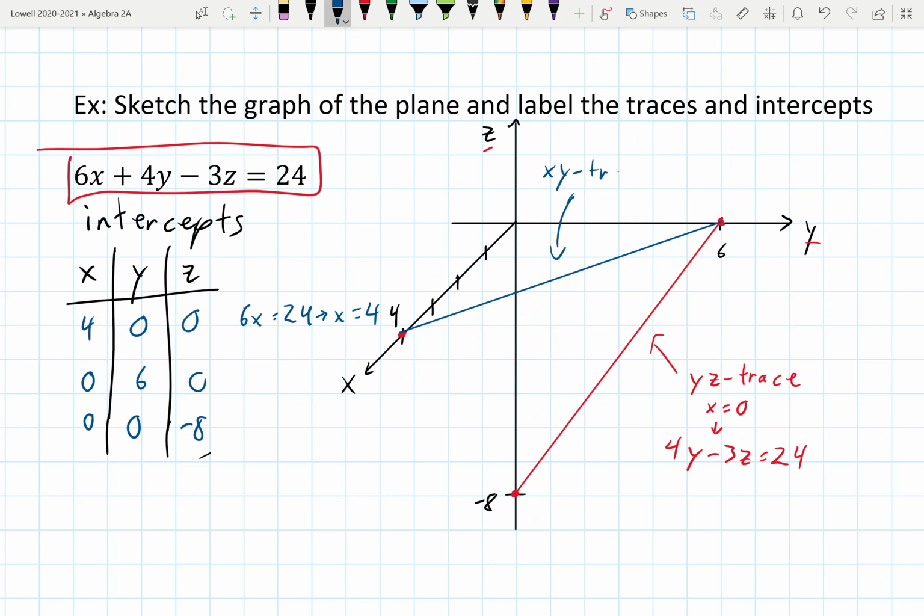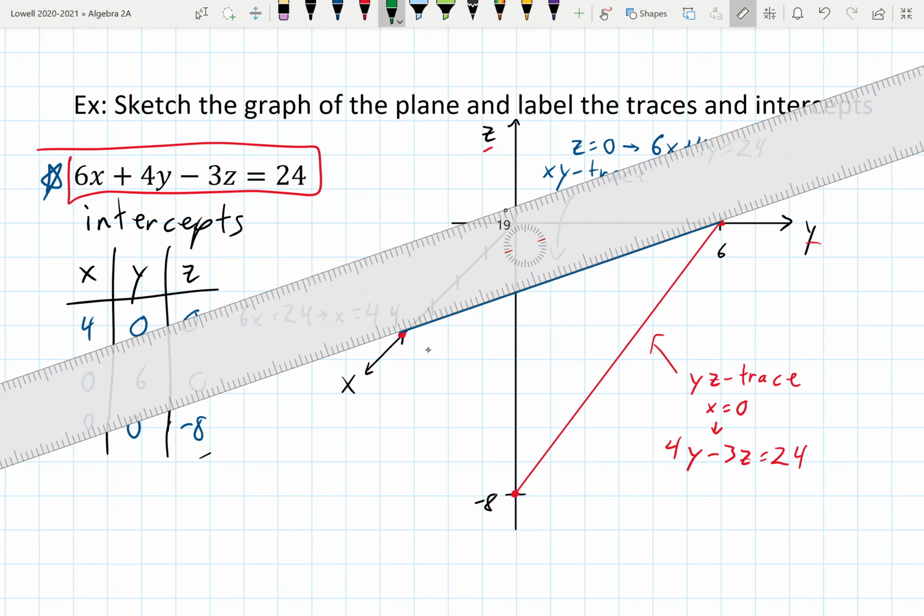The xy trace because, again, it's where our graph, which is this one with the star, is chopping through the xy plane. And so the xy plane, well, that is where z equals 0. And so our equation for the xy trace, again, the xy trace is just a line, is 6x plus 4y equals 24. Now, again, this is just a line in standard form.